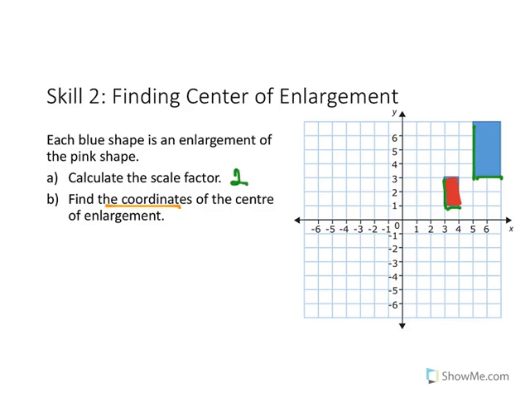Find the coordinates of the center of enlargement. Now to do this, you need to take your ruler and connect the same vertices. So I know that this vertex and this vertex and this vertex are exactly the same. So take your ruler and draw a straight line through the graph until you run out of space.